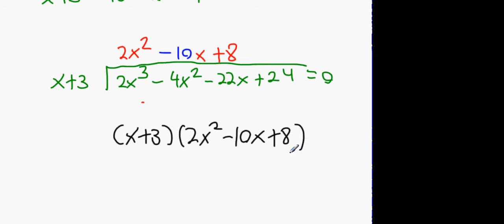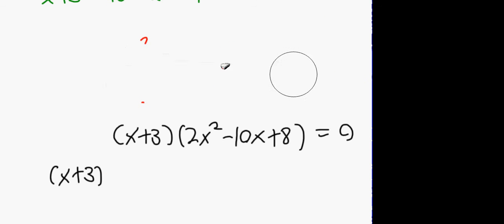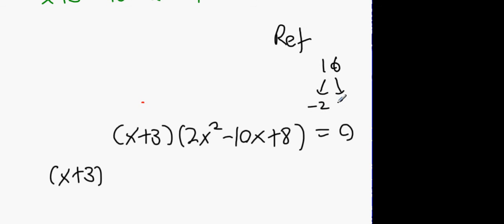To get the factors, we factorize the second one. We need a reference number of 16, and 16 breaks up into minus 2 and minus 8.